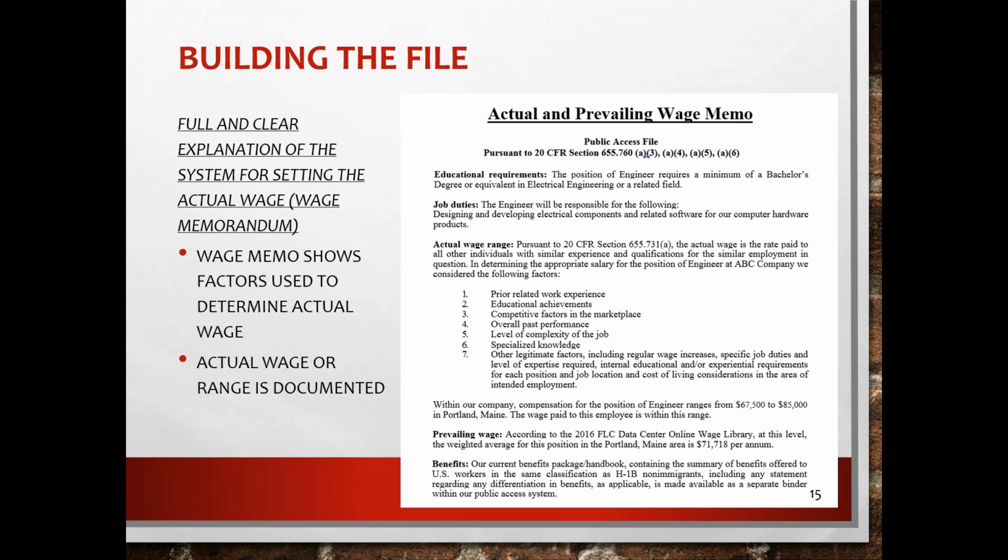This is a headache for a lot of employers, and this prong stops a lot of people from completing the public access file obligation altogether. But if you create a memo like this, or let us help you create one, you'll see that there aren't a whole lot of data points here, but it's a qualifying document, and you can really systematize the actual wage part of the public access file pretty straightforwardly, and stop it from being such a headache.